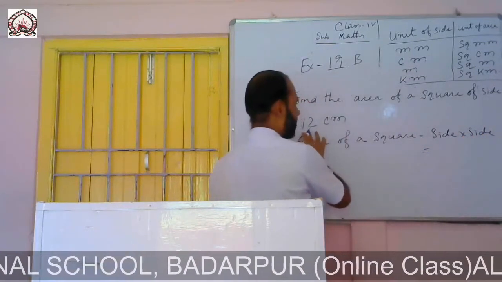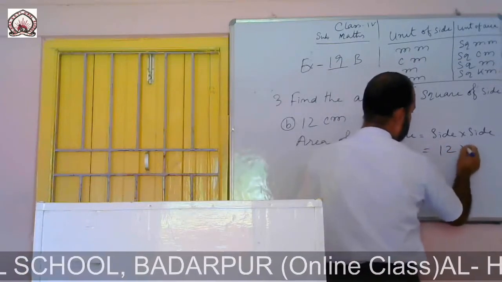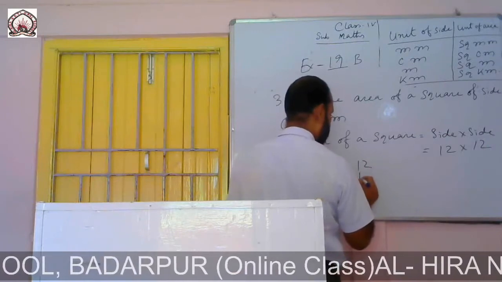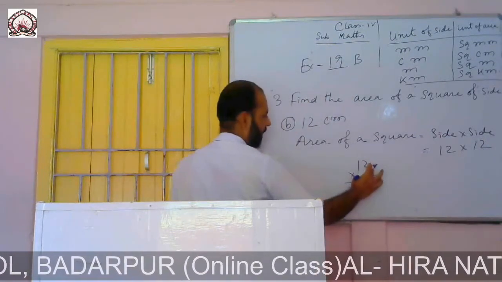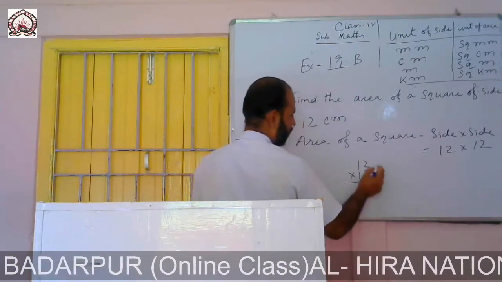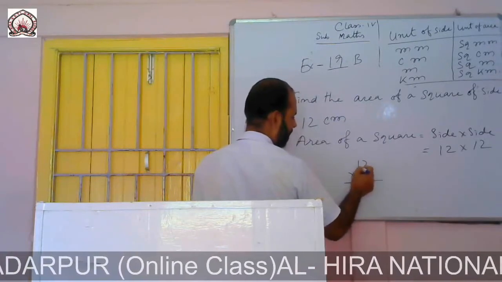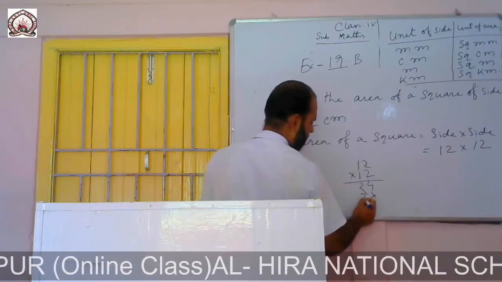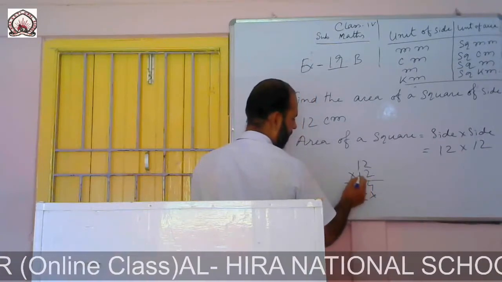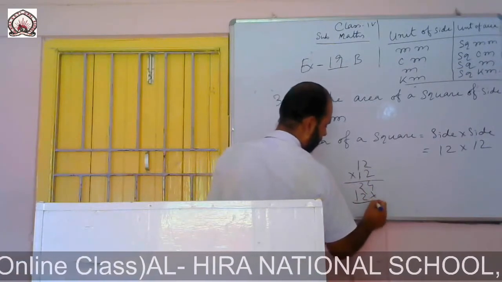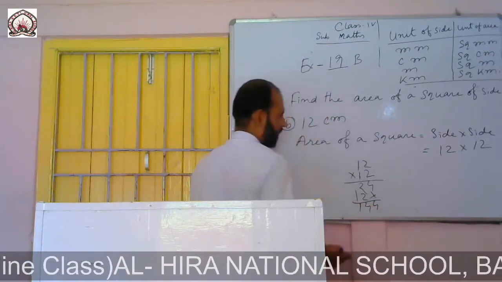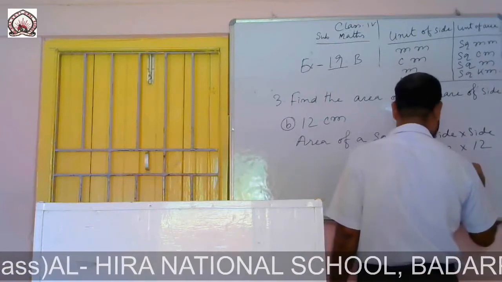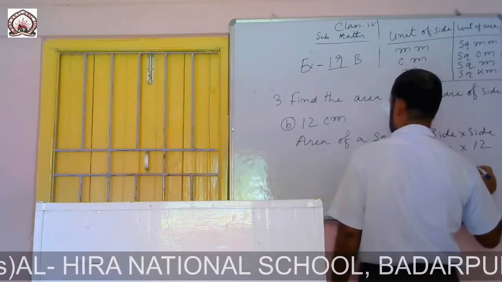So here 12 into 12. 2 twos are 4, 1 two is 2, 2 ones are 2 and 1 one is 1. So 4, 4, 1. The answer is 144 square centimeter.